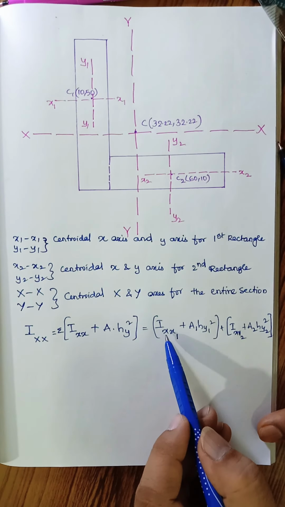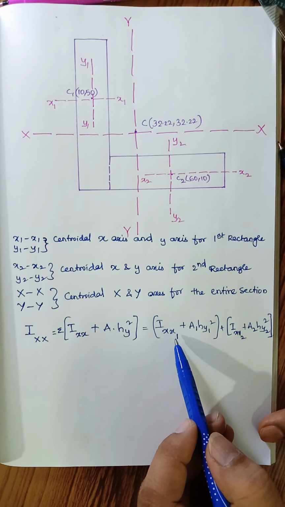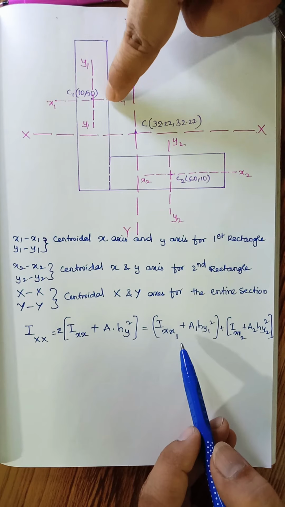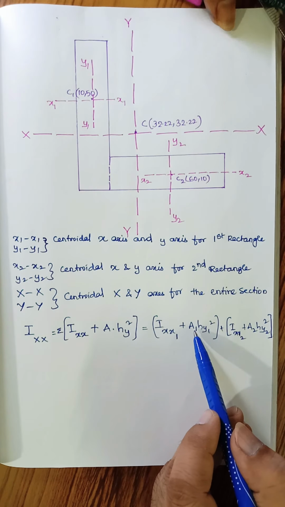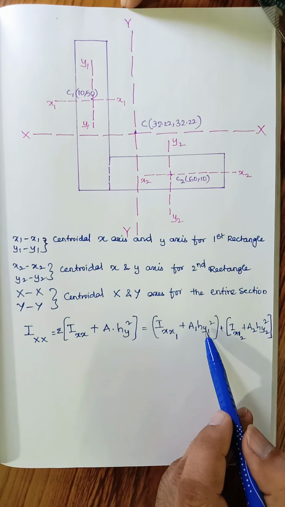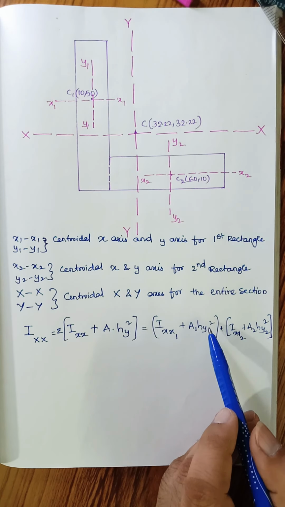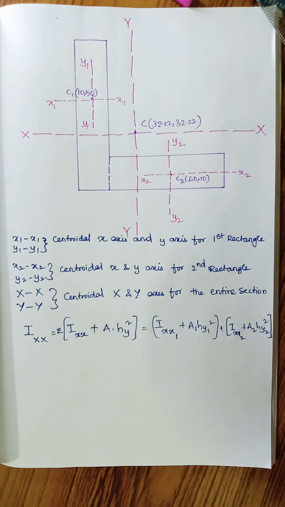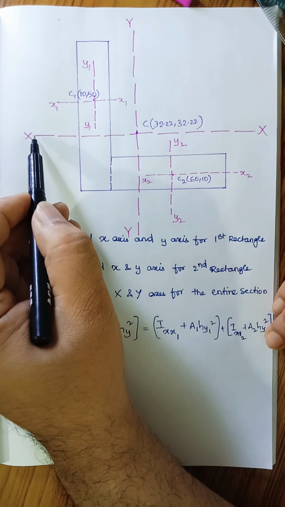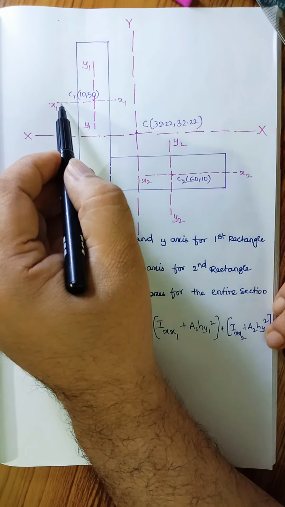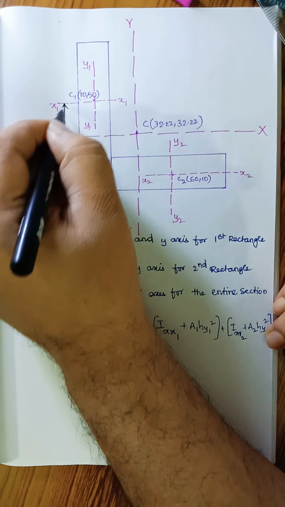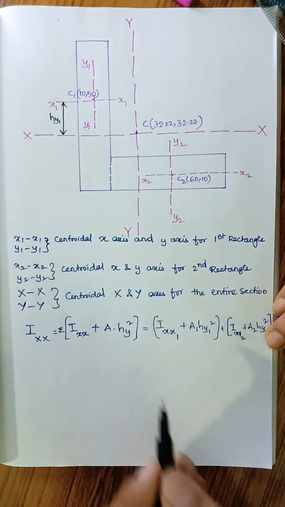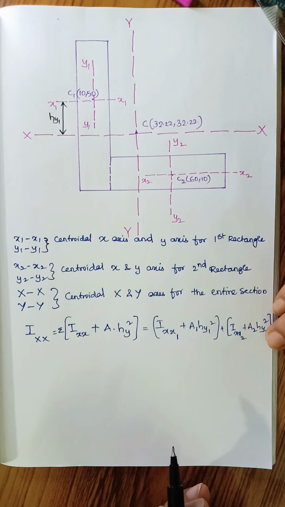Now here Ixx1 refers to moment of inertia of the first rectangle with respect to its own centroidal x-axis, and a1 refers to area of the first rectangle. hy1 refers to the distance between the centroidal x-axis capital XX as well as x1. Now this particular distance here, it can be taken as hy1. So why do we need to call that one as hy1?